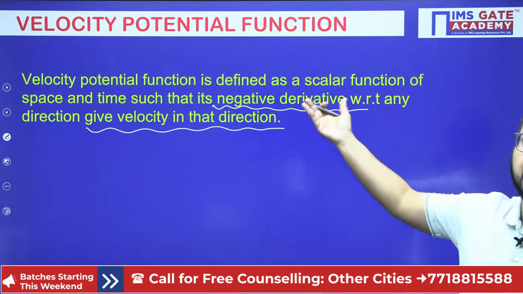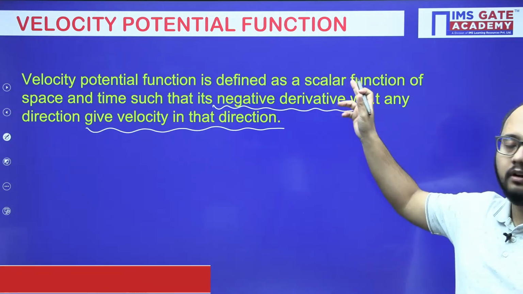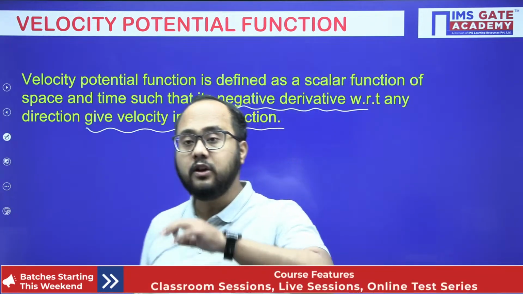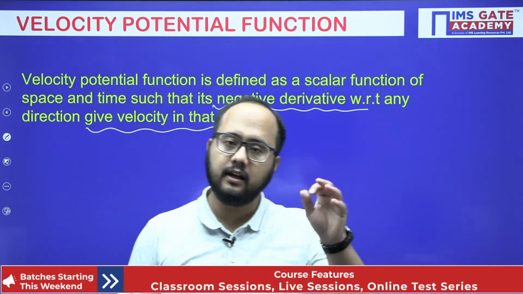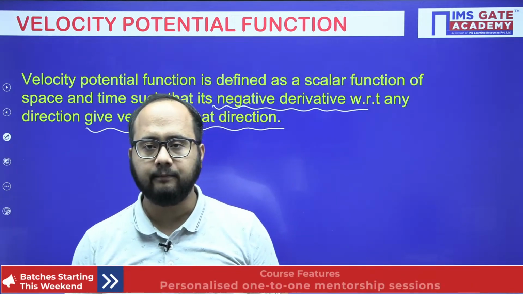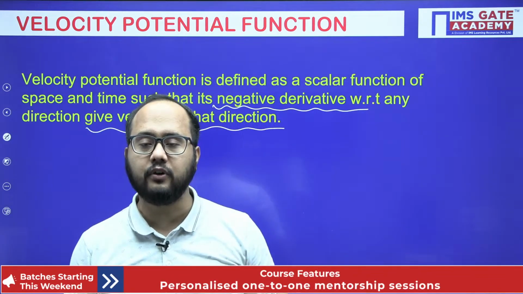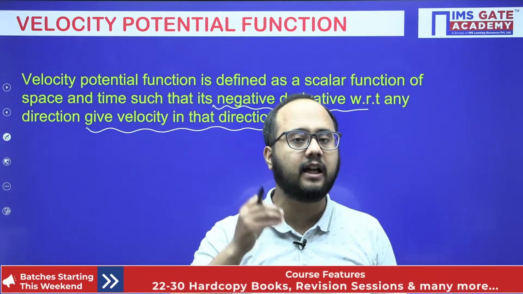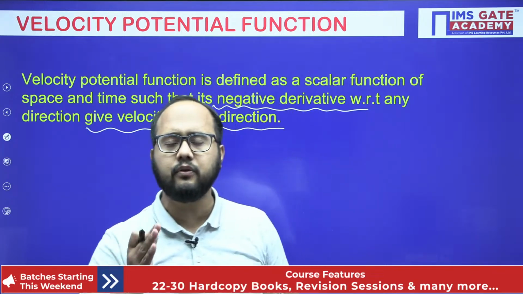The velocity potential function. So if you take a derivative of this velocity potential function in any direction, it will give you the velocity. So just by knowing that particular function, we will be able to calculate the velocity at any location in the flow field, just by differentiating this function. The function is defined in such a way that if you take the partial derivative of that function in any direction, it will give you velocity.